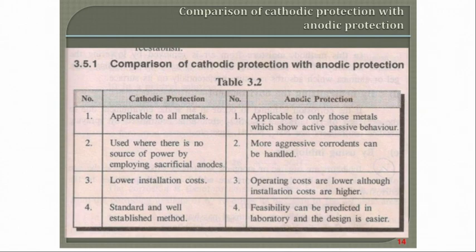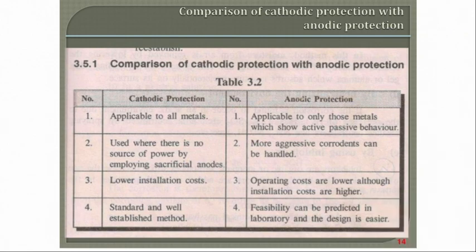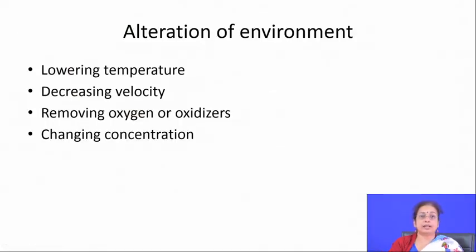Operating costs are lower in anodic protection, although installation cost is higher, and cathodic protection always has a lower cost. Cathodic protection is a standard system and well established, and for anodic protection you have to know whether at all it can be applied to this material. So, you can say that cathodic protection is highly versatile and can be widely used for all kinds of materials.